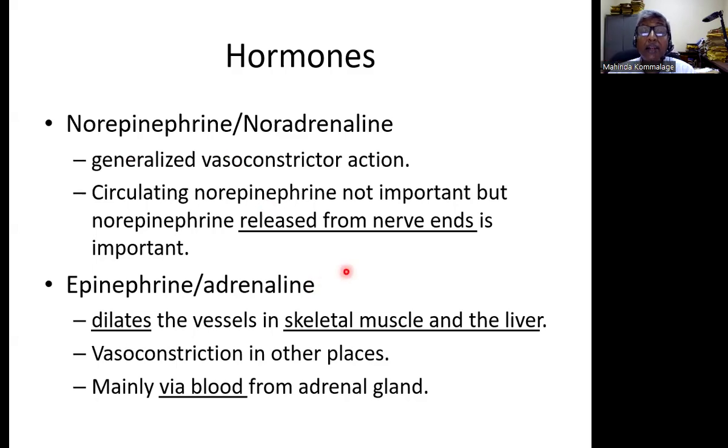It's an endocrine gland that secretes adrenaline and noradrenaline. This adrenaline will go into the blood, come to the tissue, and bind with the receptor in the smooth muscle. So noradrenaline as well as adrenaline act as hormones also.